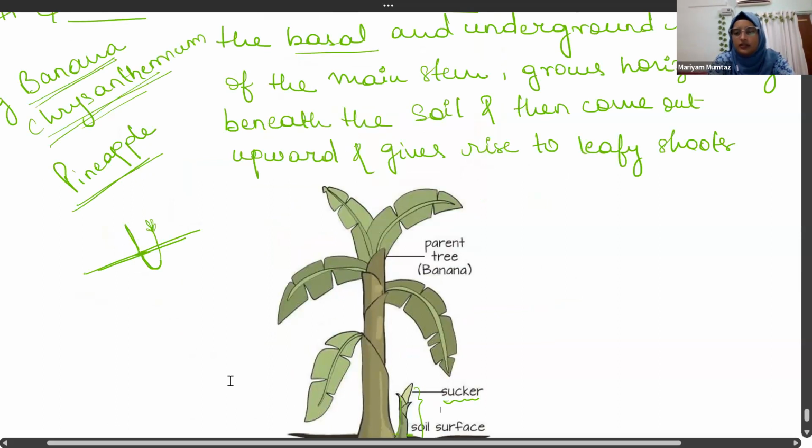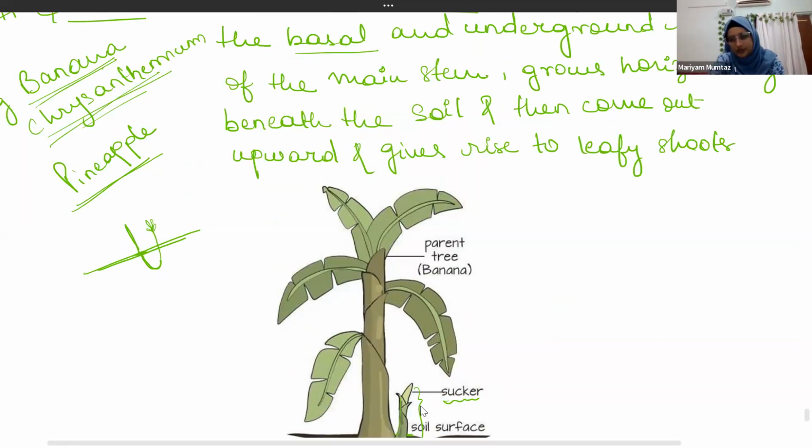Ma'am, what is it used for? It is basically used for propagation purposes also, since a new plant is arising from a different way, right? So it is used for that also, and also because it has to give leafy shoots.